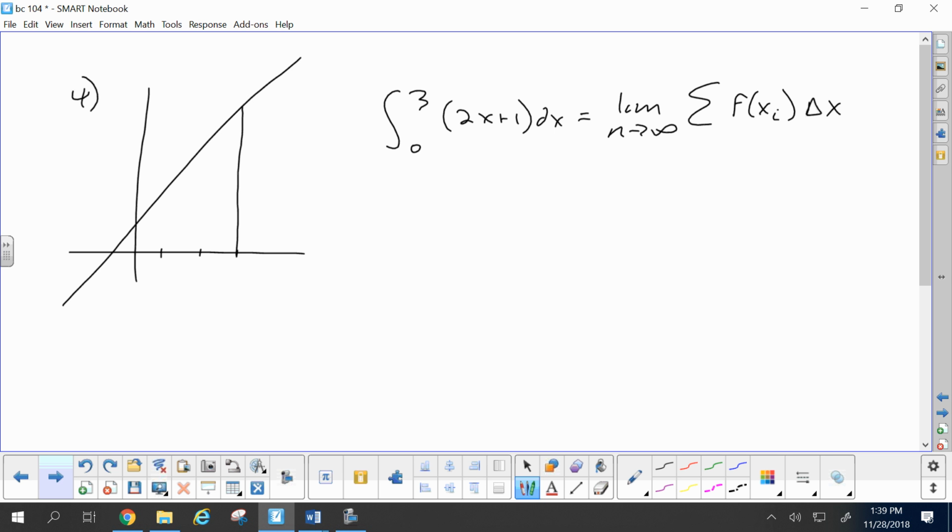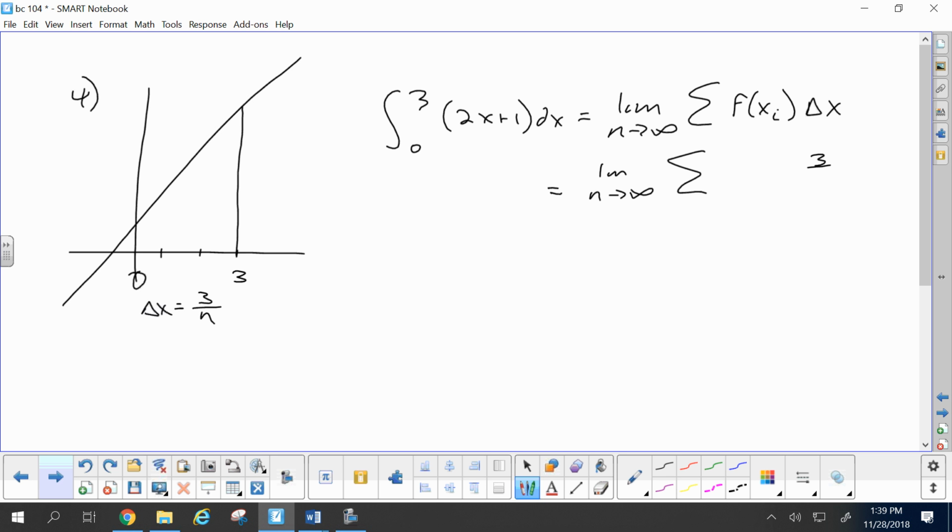So, here we go. Let's start with delta x. Now, normally I would take the region that's 3 wide and divide it into 3 chunks or 10 chunks or 1,000 chunks or n chunks. So delta x is 3 divided into some number of chunks, which I'll let go to infinity.